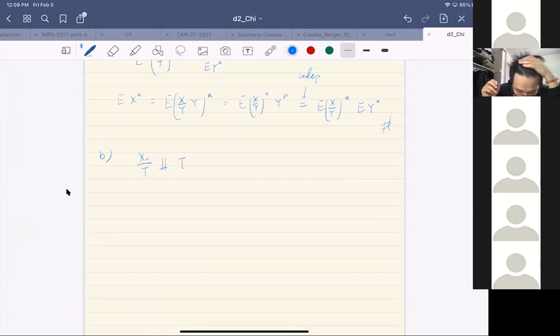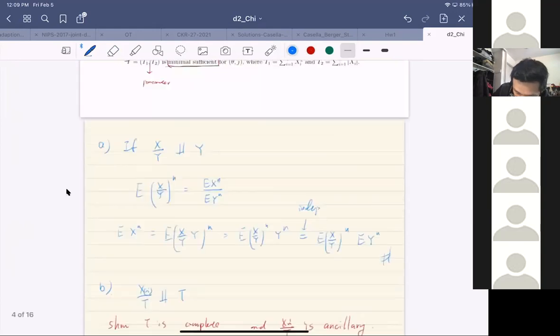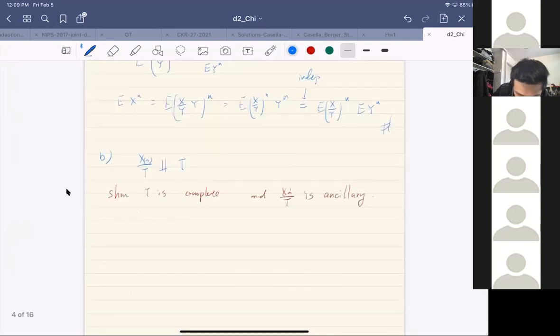So what we have to do is show that t is complete, and si divided by t is ancillary, then we can apply the Basu theorem.